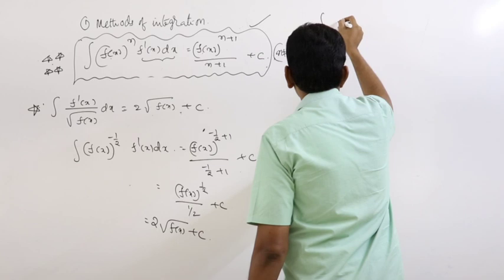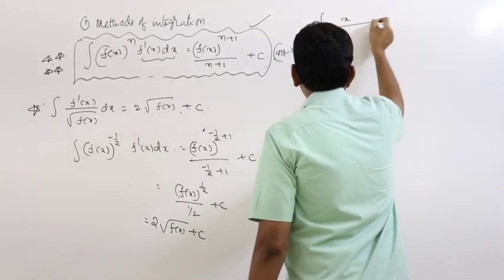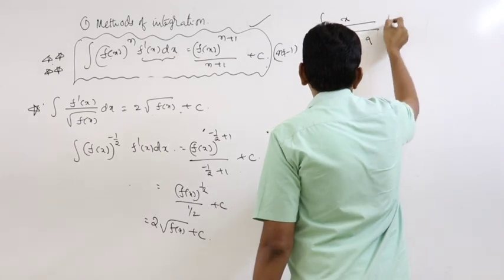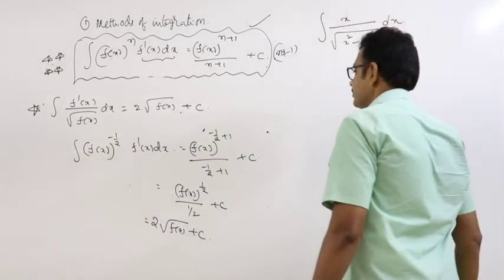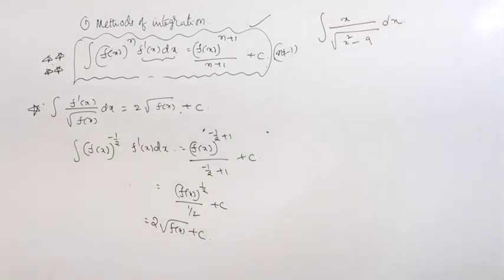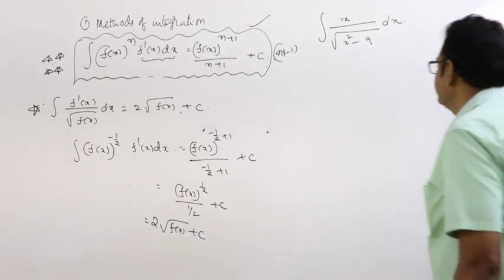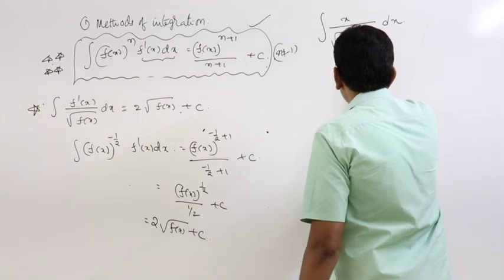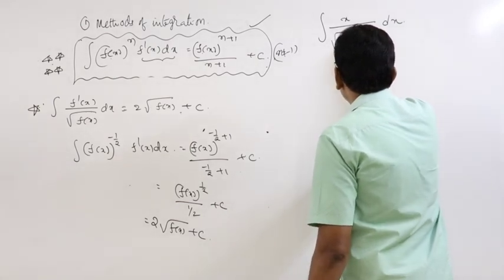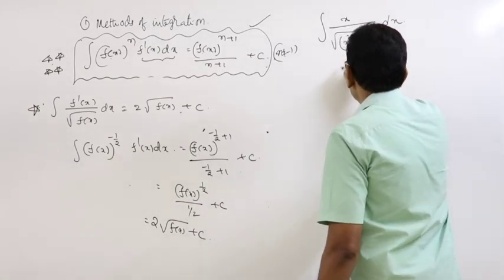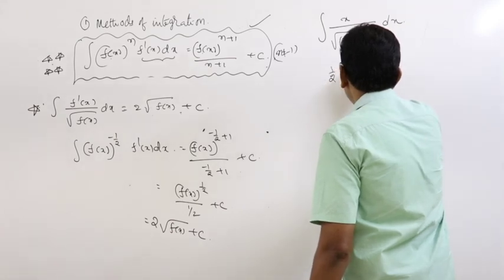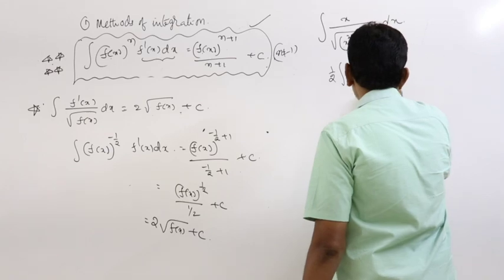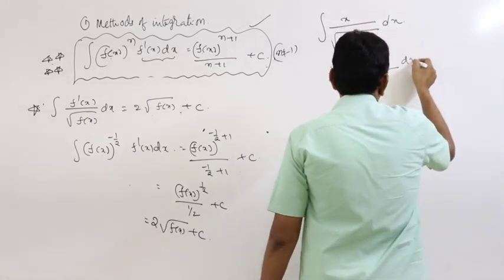Integral x by root of x square minus 9 dx. For x square minus 9, the derivative is 2x, not the root, only this part, 2x. So, 1 by 2 into integral 2x by root of x square minus 9 dx.